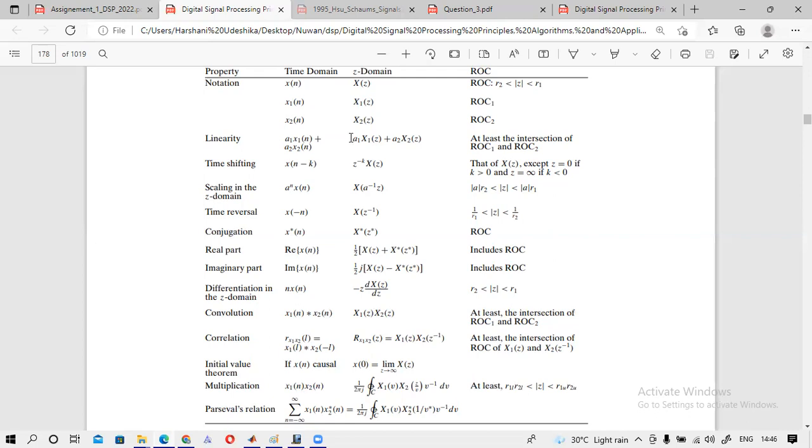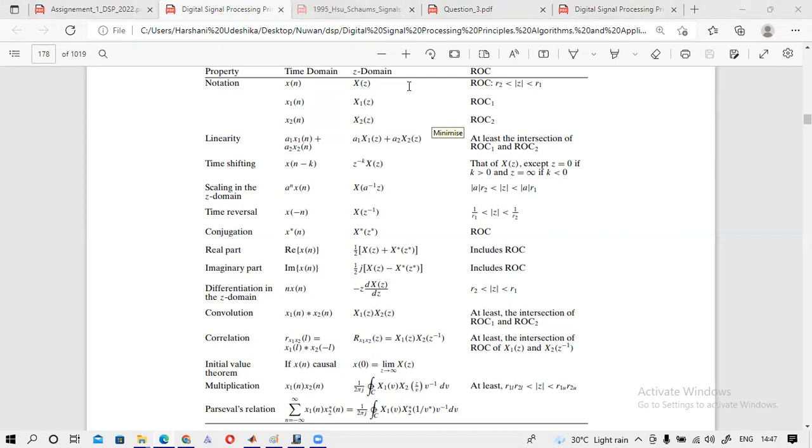So which property do we have to use? Yes, it is the time shifting property. We have to use the time shifting property.